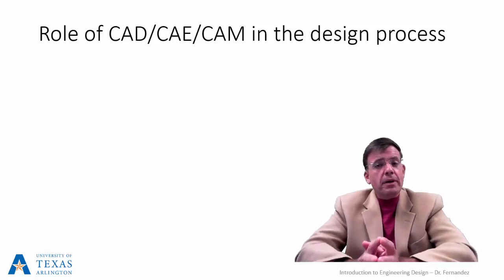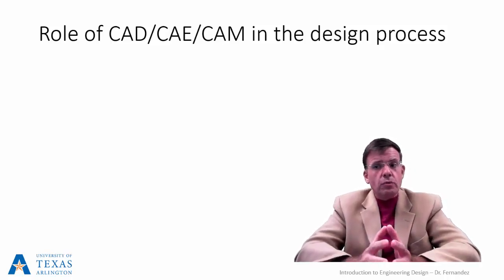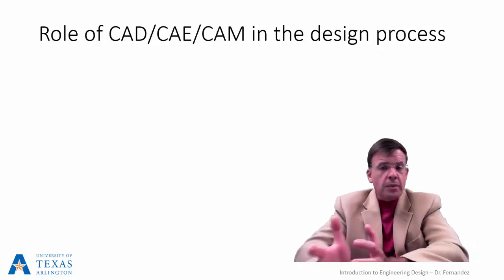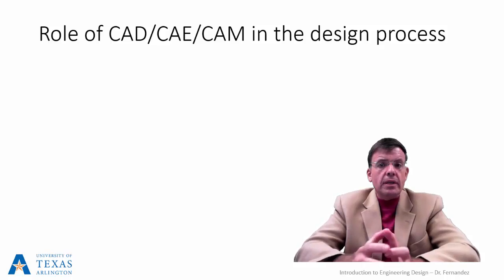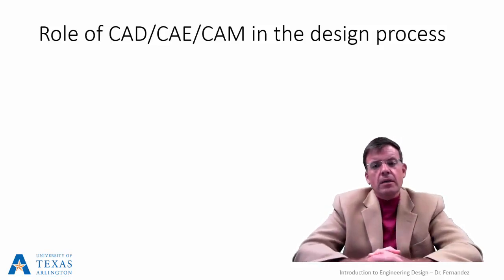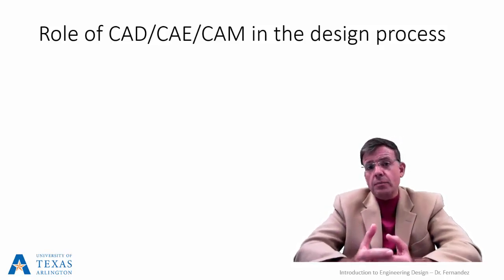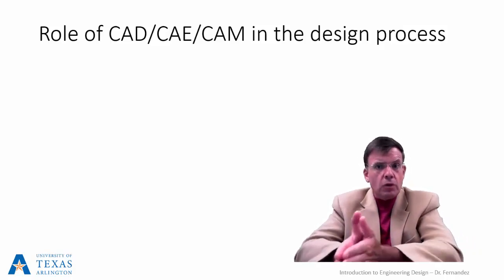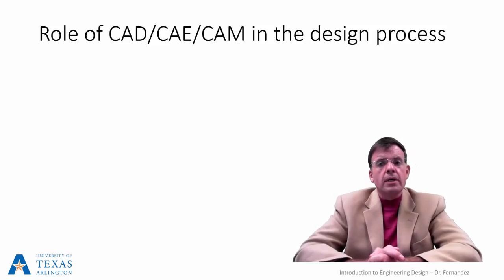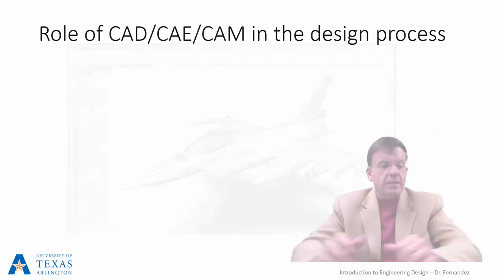CAE, that would be computer-aided engineering. That has to do more with the analysis, the analytical capabilities of the software and the product lifecycle management, if you will. And then finally, CAM, computer-aided manufacturing. That's closer to driving machine tools down on the shop floor from the digital data sets.